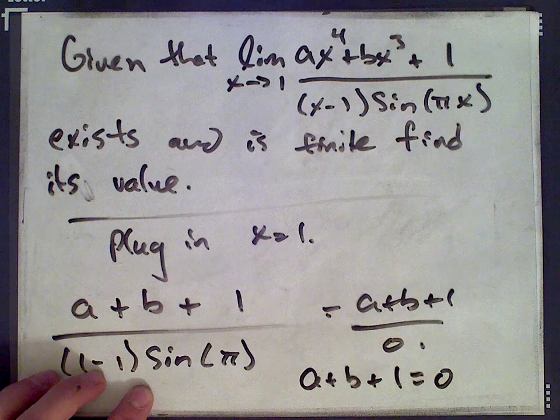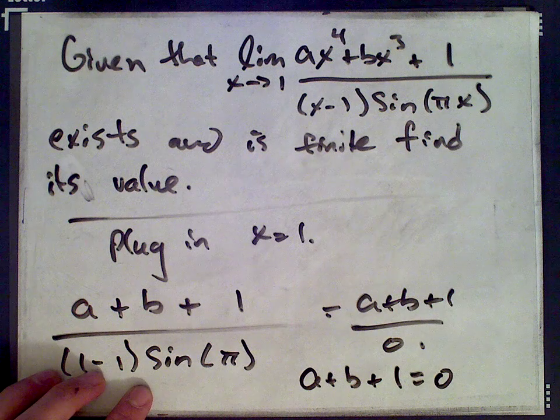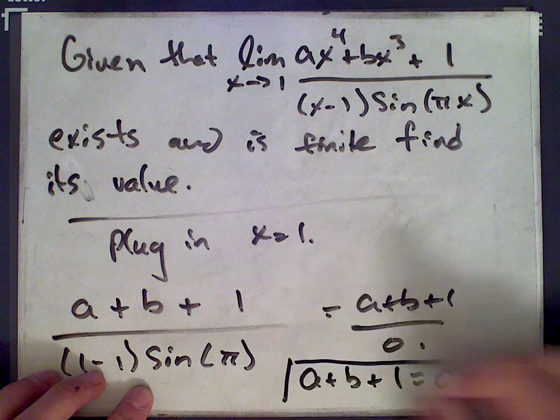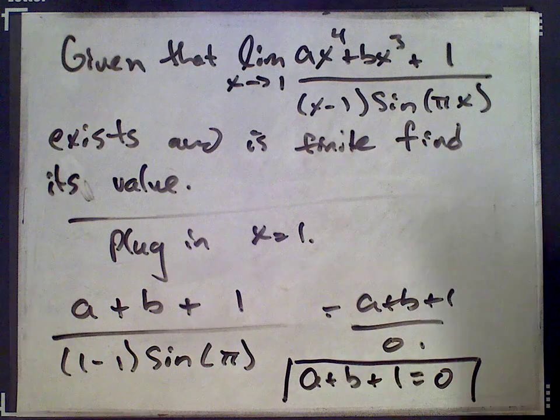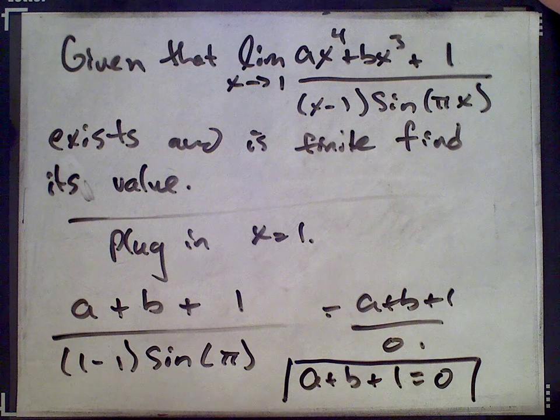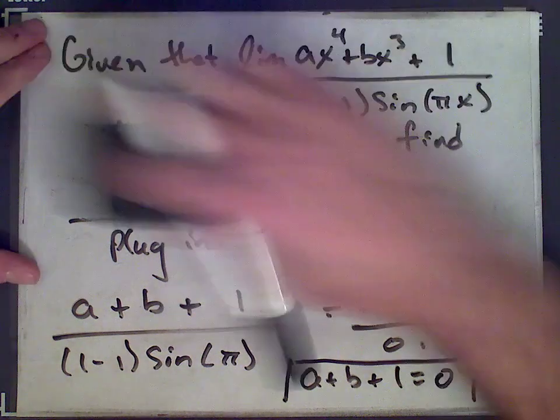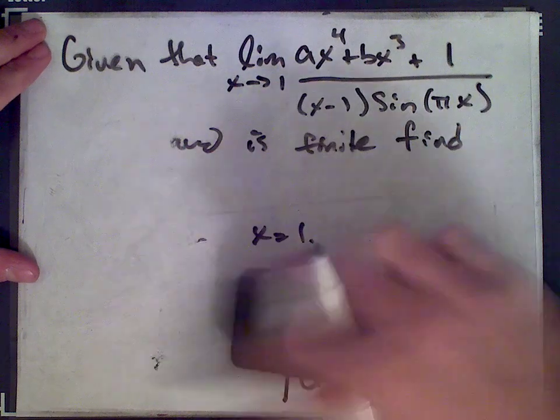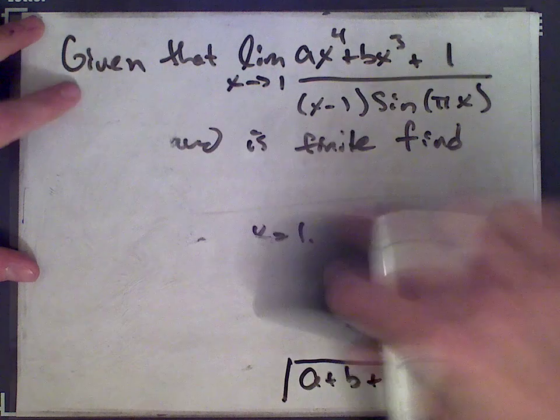Okay, so we must be in the case where L'Hopital's rule applies. We get a finite number back, so let's use L'Hopital's rule, keeping the fact that a plus b plus 1 is 0.